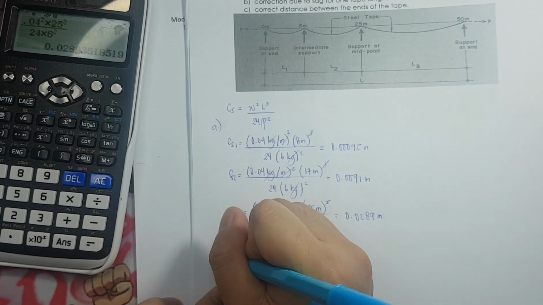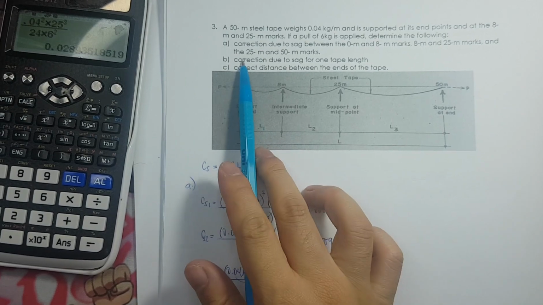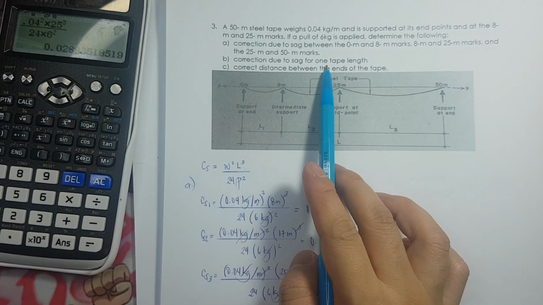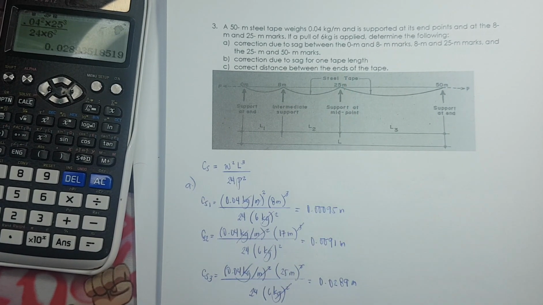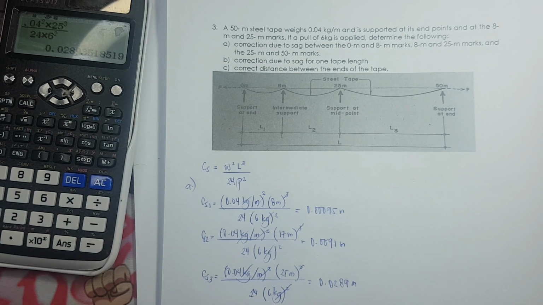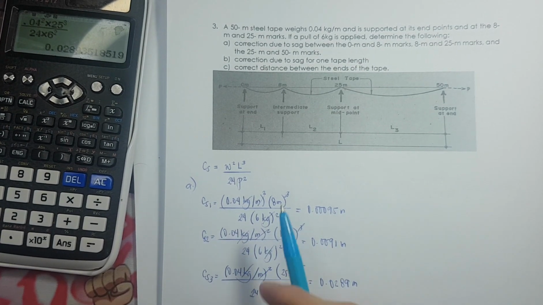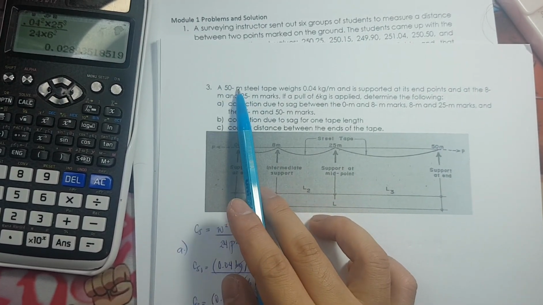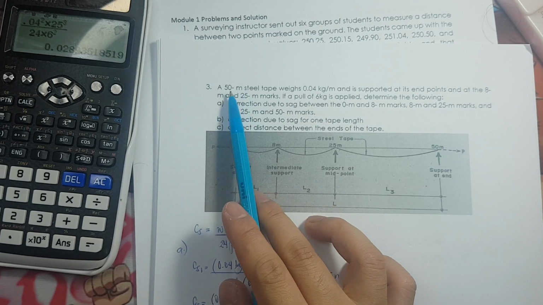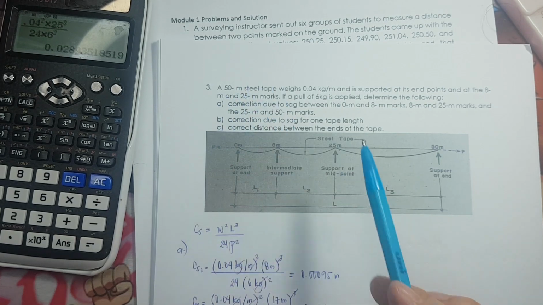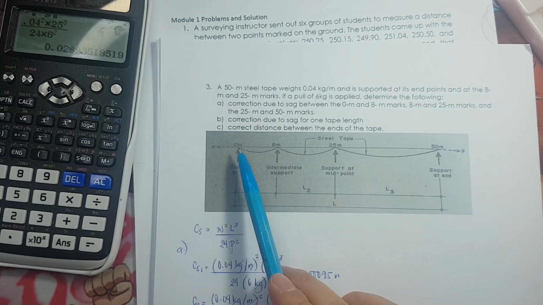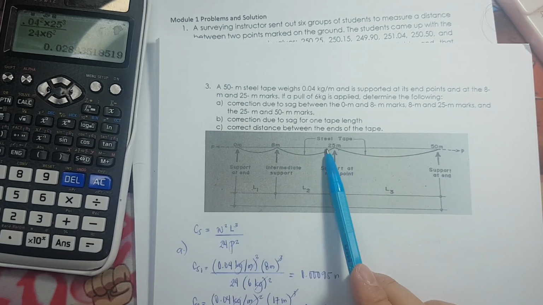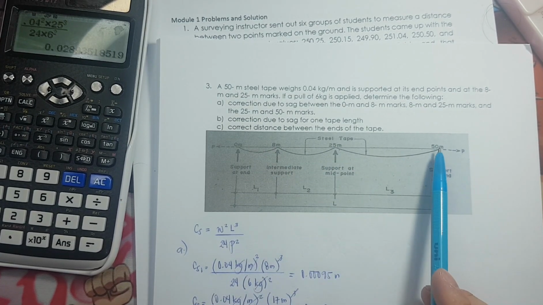Next, letter B, the correction due to sag for the one tape length. For one tape length, meaning from 0 to 50 meters. Why? Because it is a 50 meter steel tape. It is different if, for example, this is 0 to 25, 25 to 50, then another 0 to 50.